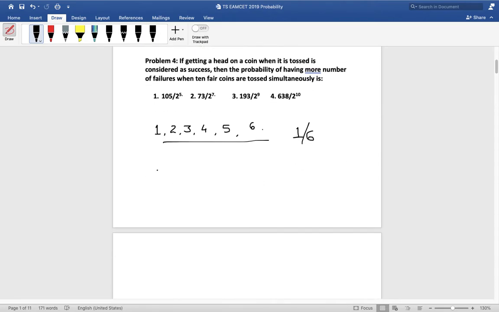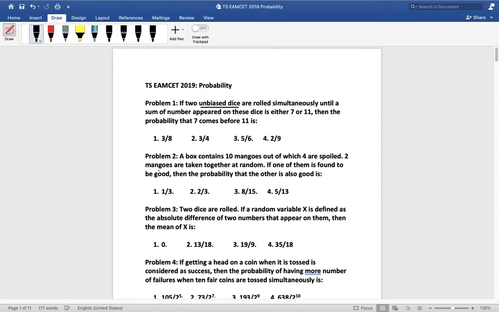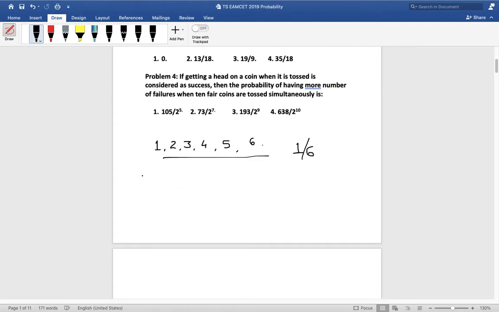So what can be the possible outcomes when you roll two dice simultaneously? Either you get 1 1, or 1 2, or 1 3, 1 4, 1 5, 1 6.